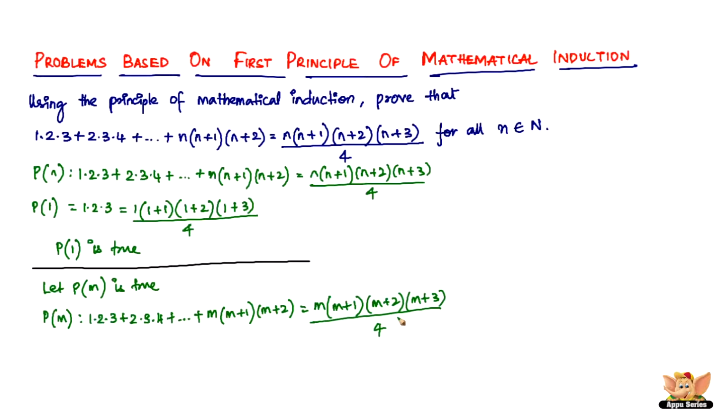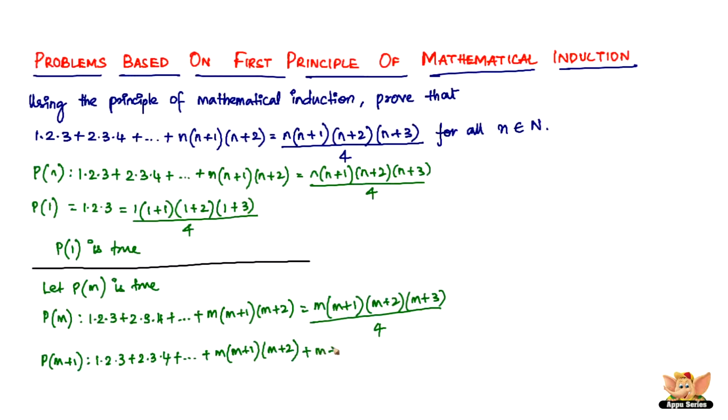Now it'll be P of m plus 1 as a statement which is 1 times 2 times 3 plus 2 times 3 times 4 plus dot dot dot plus m times (m plus 1) times (m plus 2) plus, in the place of m, it'll be m plus 1.